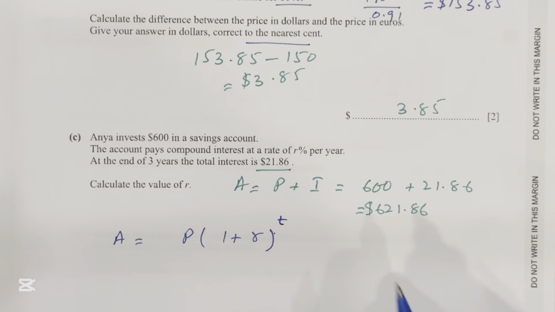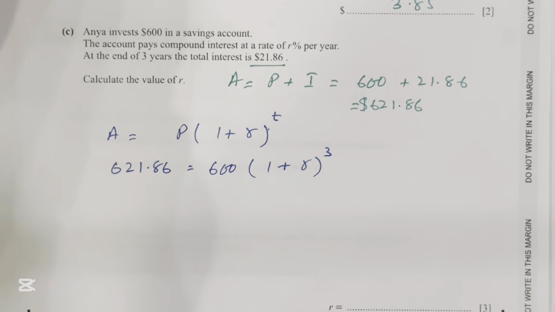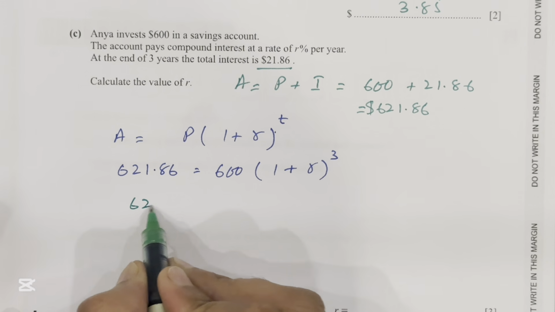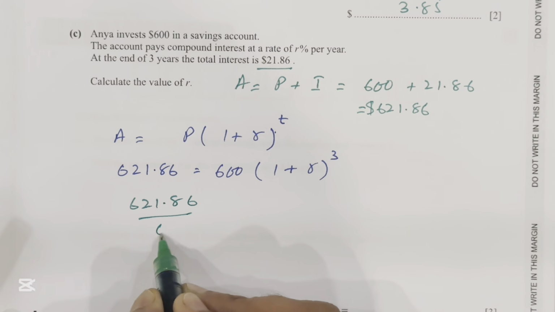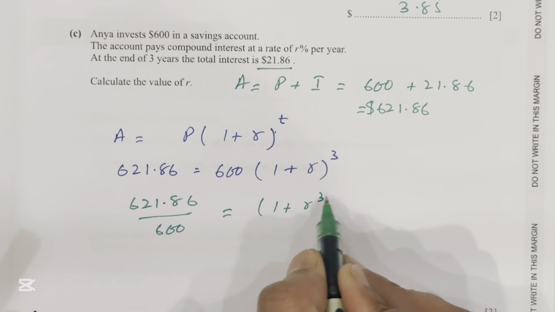Now you can apply the formula, that is amount is equal to P times 1 plus R, you can write N or T over here. Amount we just calculated is 621.86. Principal amount is 600, that is equal to 1 plus R. 621.86 divided by 600 is 1 plus R cubed.